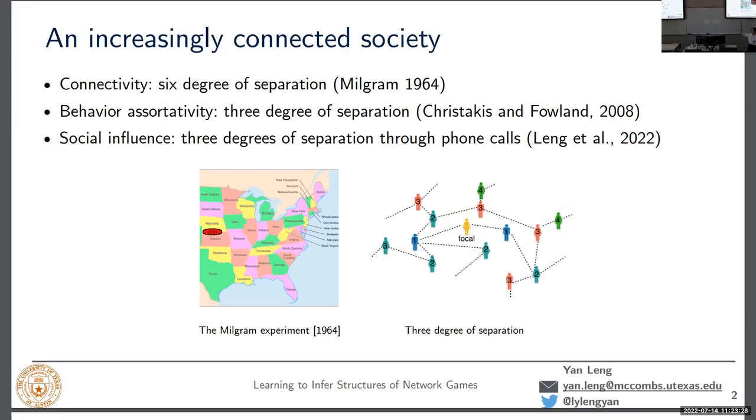I label this as behavioral assortativity; you can think about it as homophily as well. I have another empirical study where we observe that social influence can spread up to 3 degrees of separation through phone calls, with some econometrics and statistical tools. This basically talks about how individuals are connected and also the different types of connections and relationships.